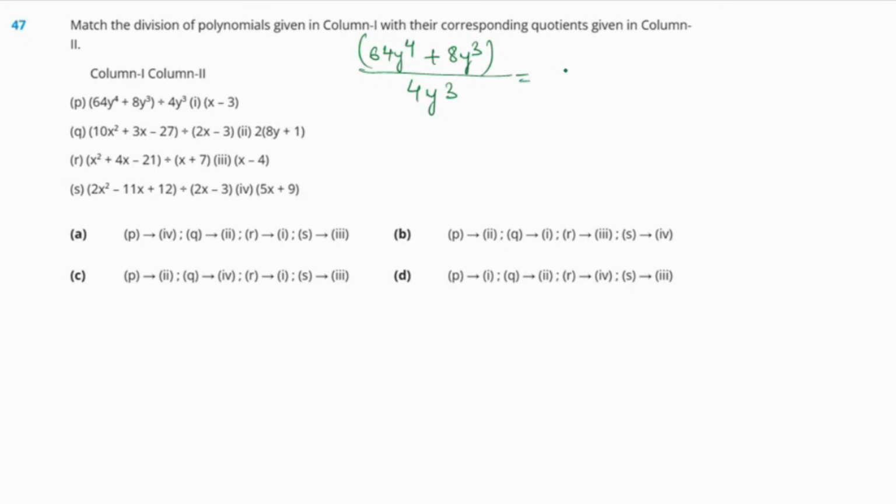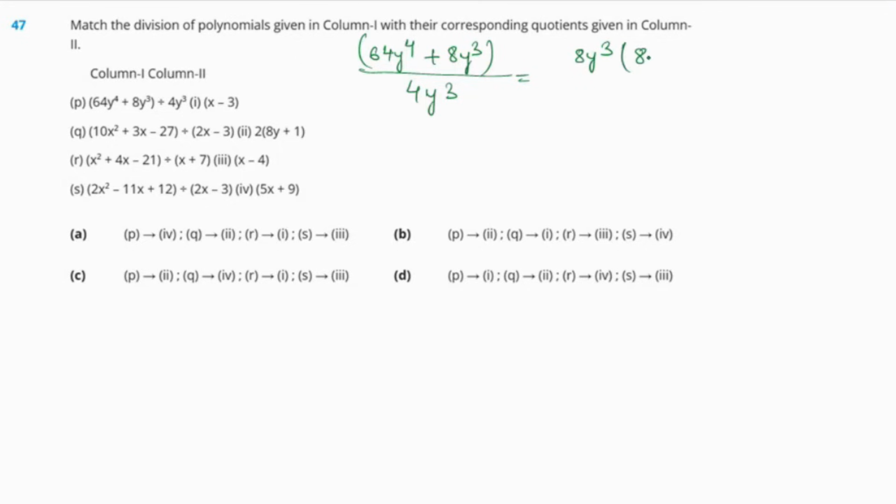To solve it, from the numerator we can take common factors from 64y raised to the power 4 and 8y cube. From the entire thing, we can take 8y cube as common.